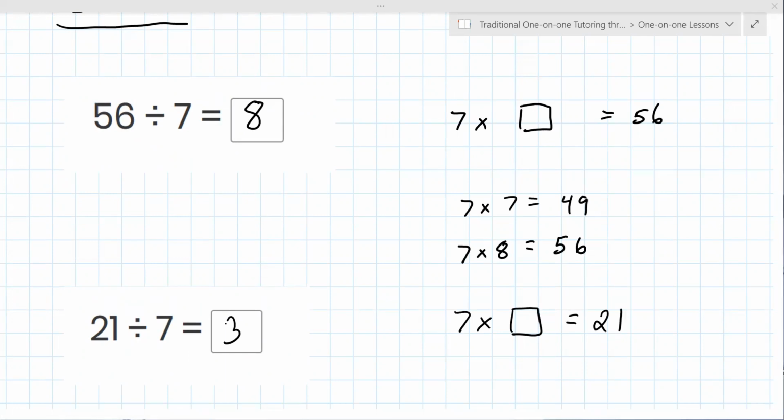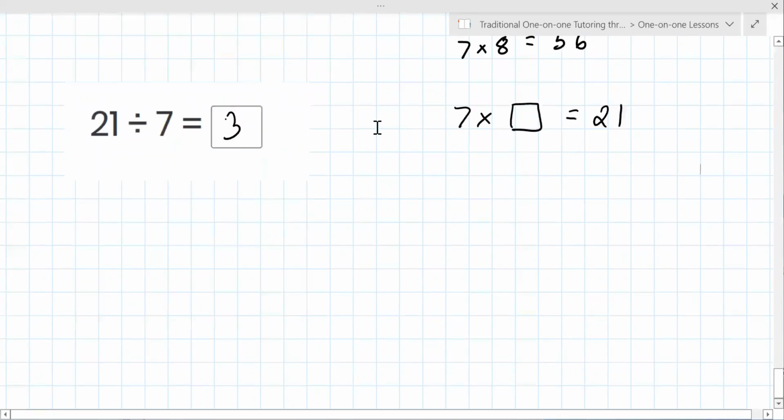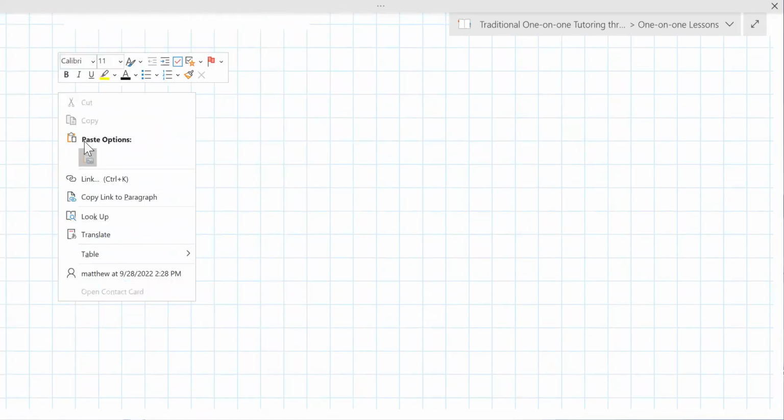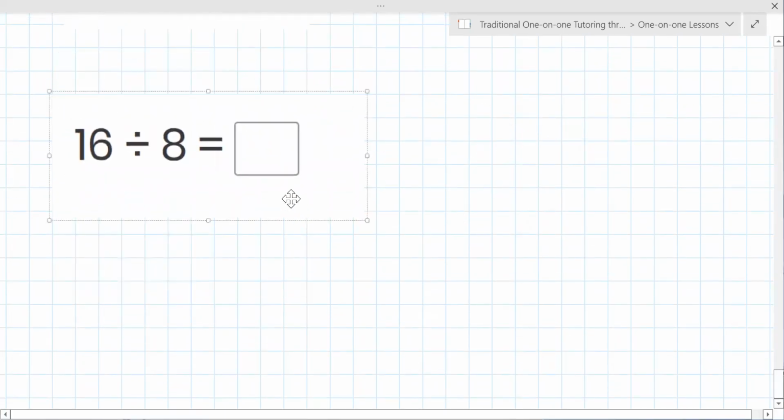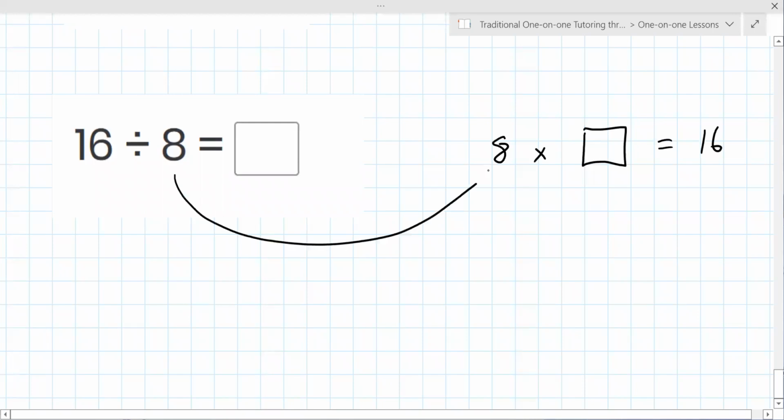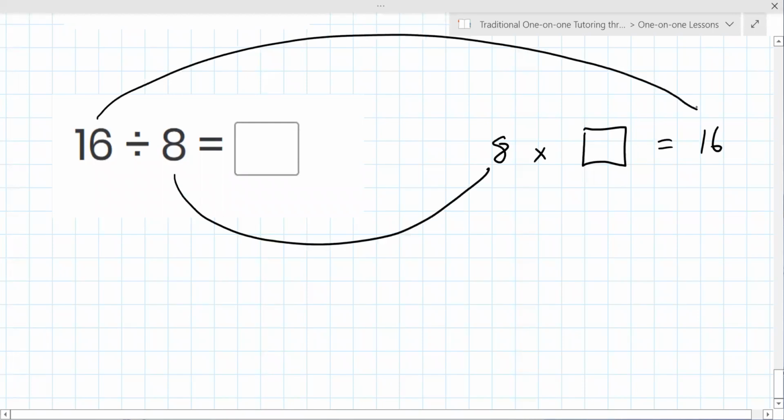All right, so the next one is 16 divided by 8. You can always turn a division problem into a multiplication. 8 times some number equals 16. Do you see where the 8 goes and where the 16 goes? Yeah. And the boxes are the same.